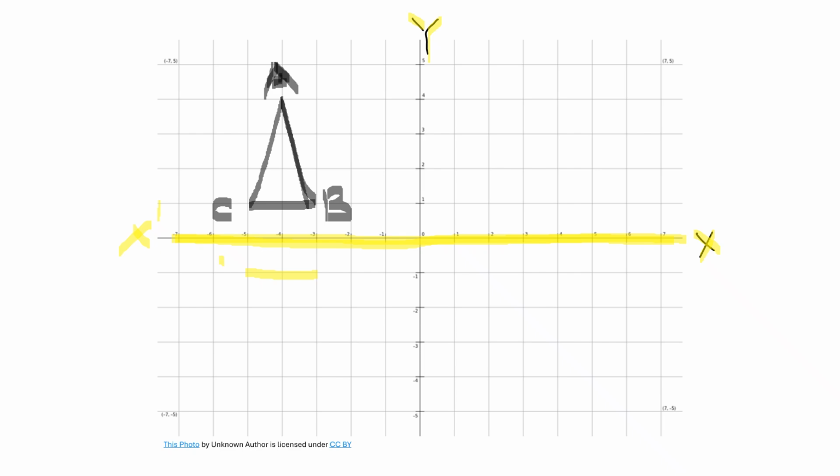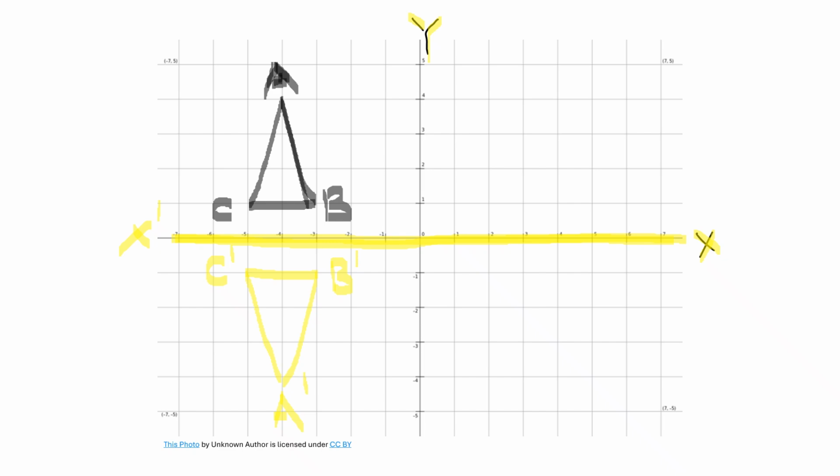So this will now be my C prime. This will be B prime. And now I've got to go exactly the same number of units down. So I've got to go 1, 2, 3, and it should come down here. And now this will be written as A prime.